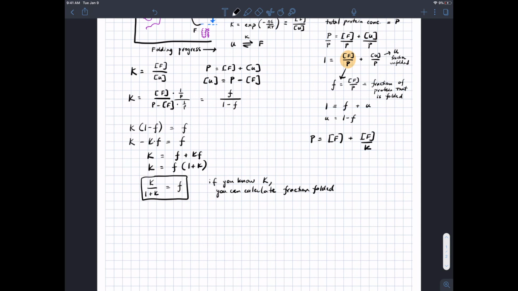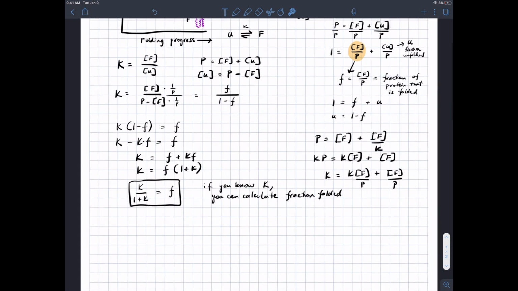And then if we multiply both sides by K, and divide both sides by p, we basically end up with the identical expression that we derived over here on the left. Okay?